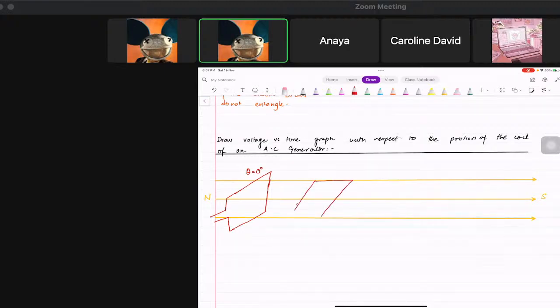When the coil is like this, then theta is 90 degrees, like that. And then it could be on the other side. So let's suppose this is A, this is B, it's rotating like this. Now this is A, this is B, and now it could go like this.